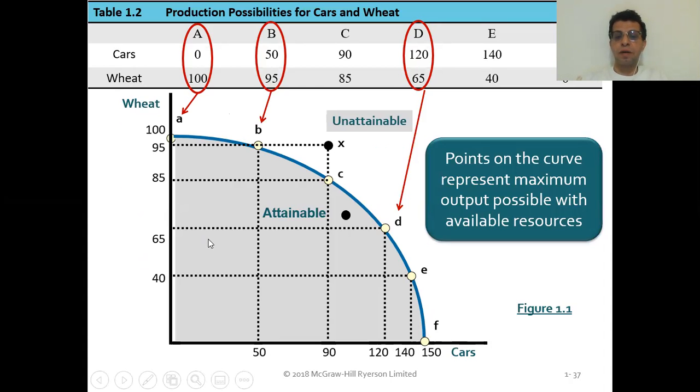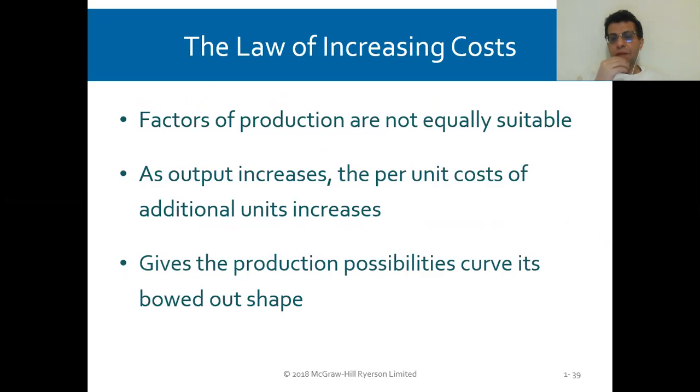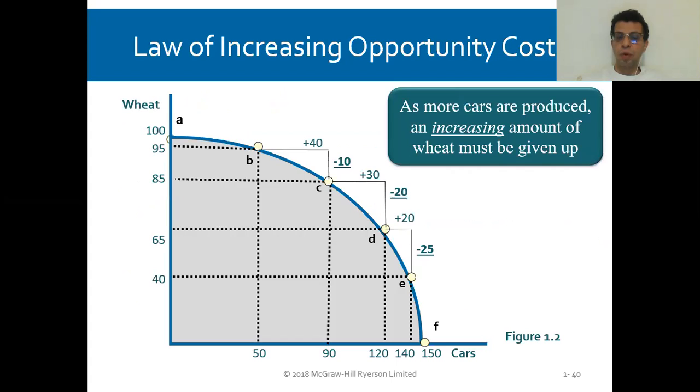And I'm sacrificing 5% of the wheat to make 50 cars, which indicates that actually I'm better at making cars than producing wheat maybe, or vice versa. Now, the law of increasing cost, we spoke about it.